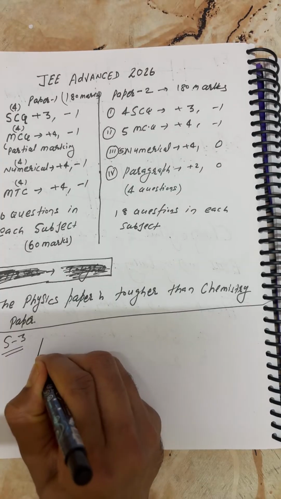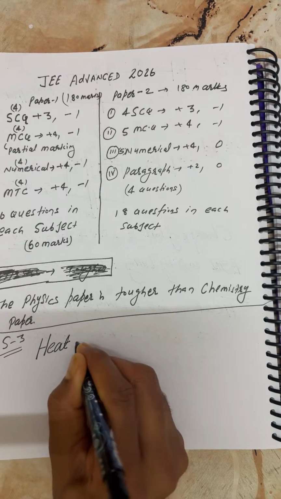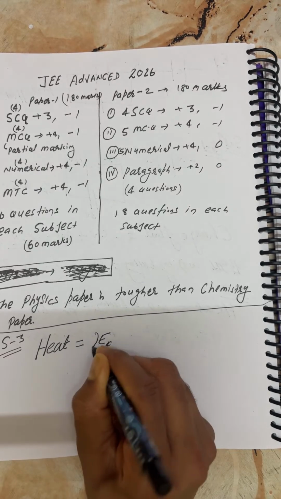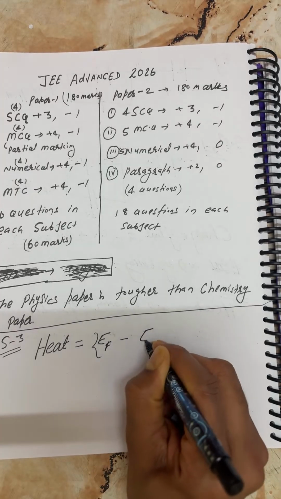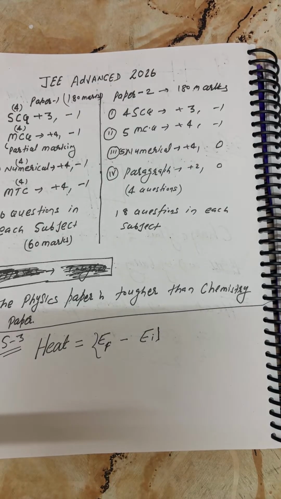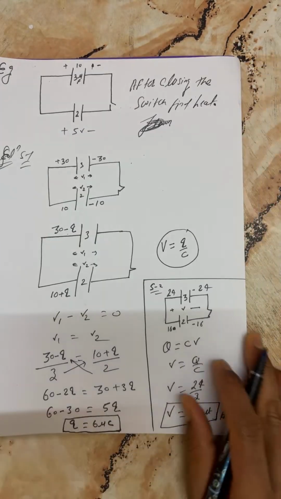There is a different formula of heat, kids. Just keep it in your mind. There is a different formula of heat: energy final minus energy initial. So tell me, what is energy final?